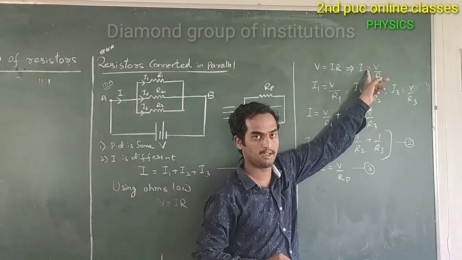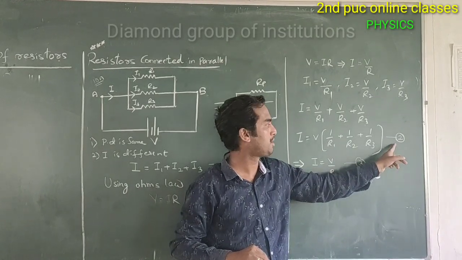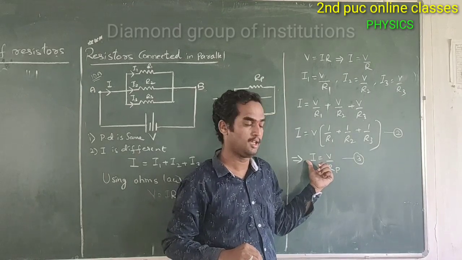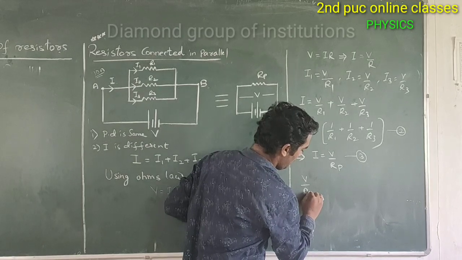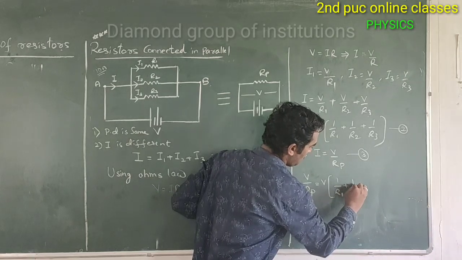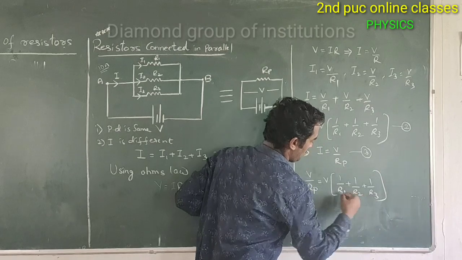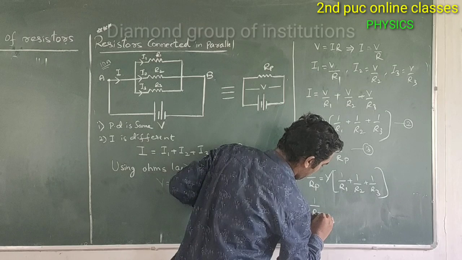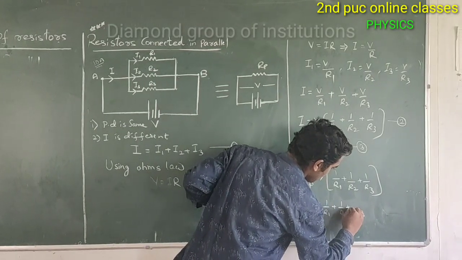If we compare equations 2 and 3, the left side of both is I. So we write V by RP equal to V times (1 by R1 plus 1 by R2 plus 1 by R3). V gets cancelled. So the answer: 1 by RP equal to 1 by R1 plus 1 by R2 plus 1 by R3.